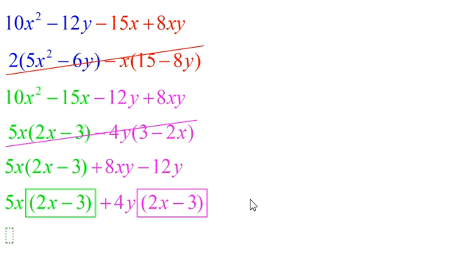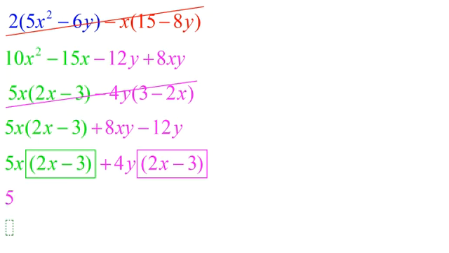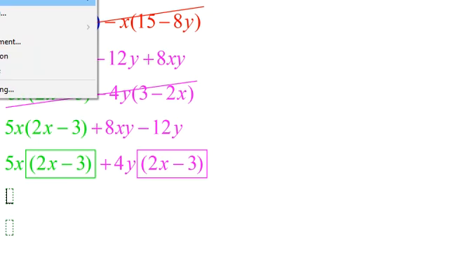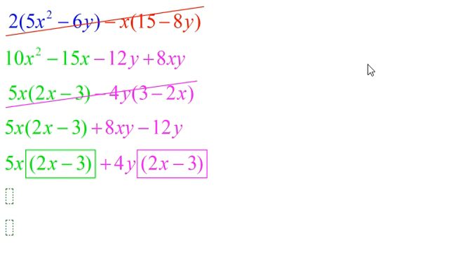Okay, so remember, I'm using a binomial factor. This is the same as factoring something that looked like 5x times a plus 4y times a. It's just that instead of that common factor being a monomial, it's a binomial.